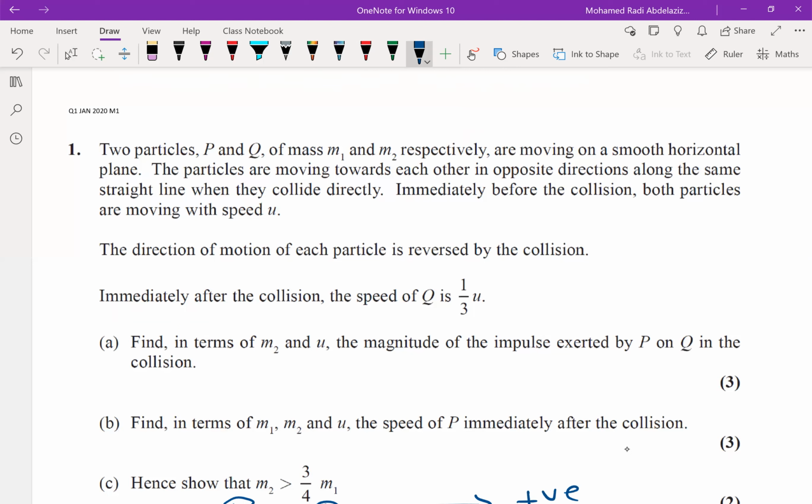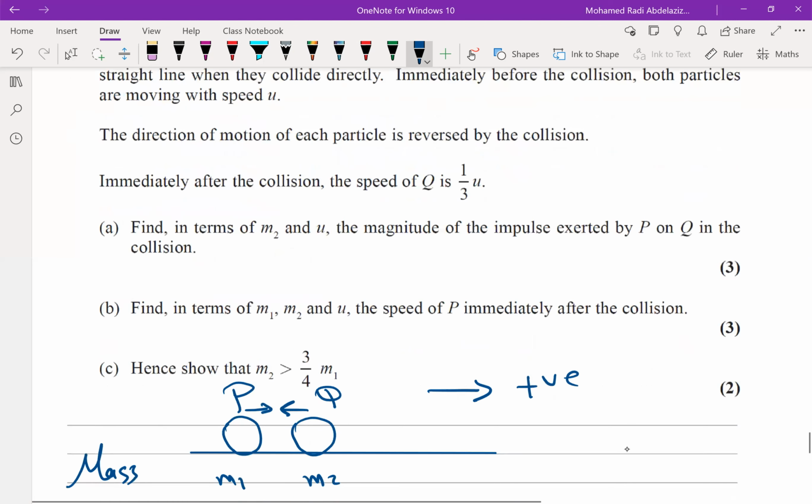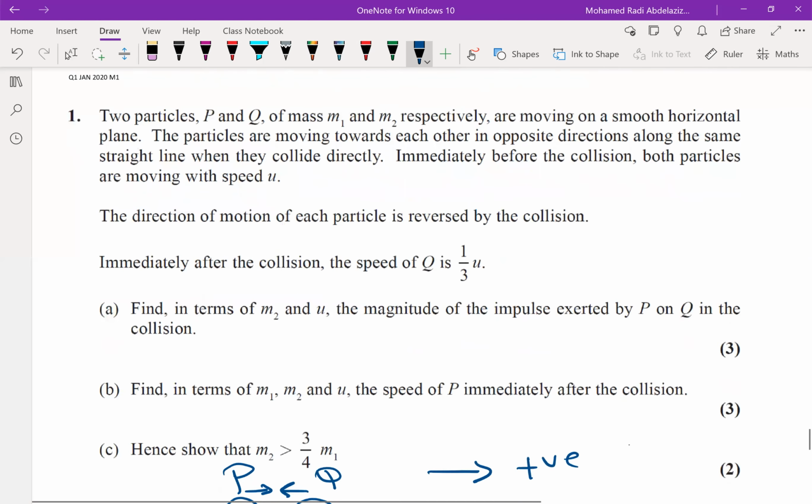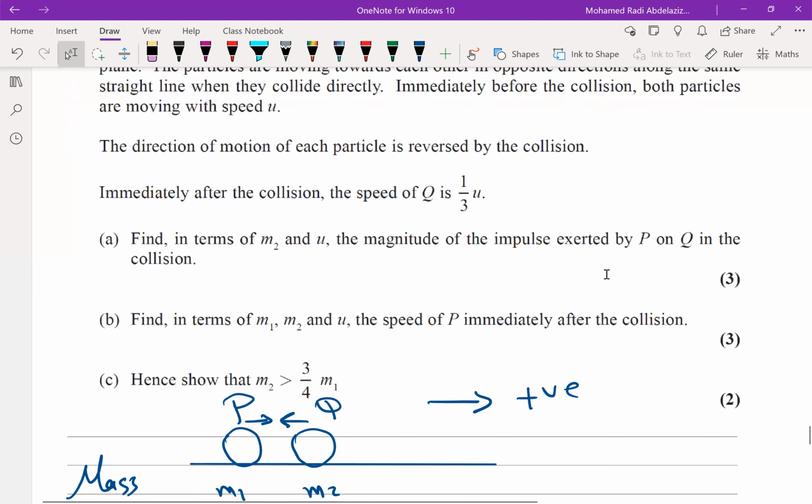When they collide directly, immediately before the collision, both particles are moving with speed u. So the initial velocity of the first one is u, but the second one is negative u because they move in opposite directions. The direction of motion of each particle is reversed by the collision.